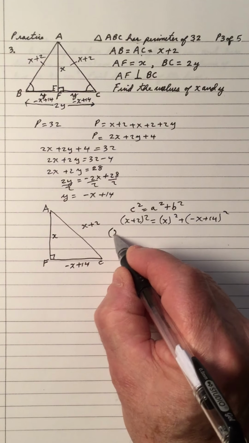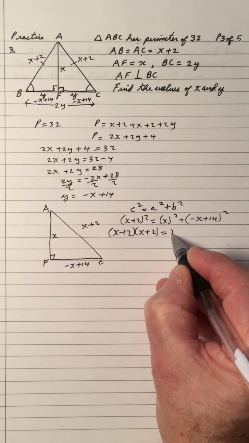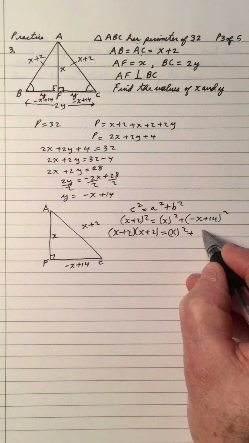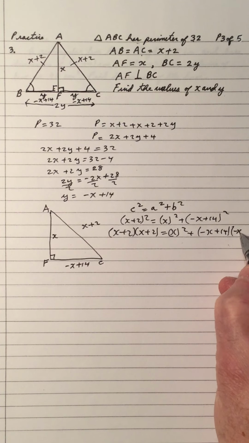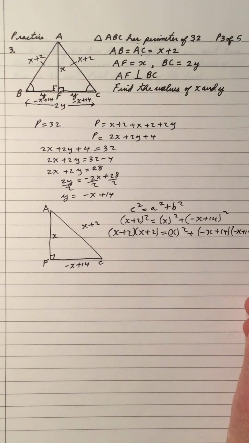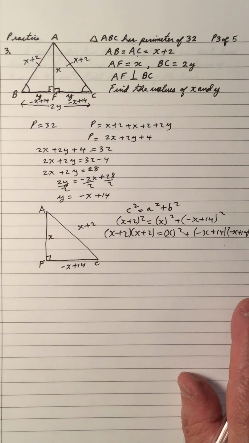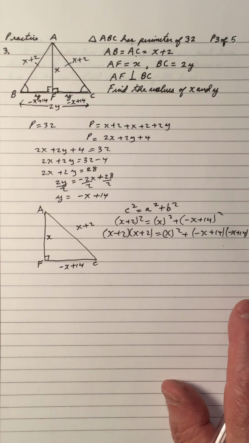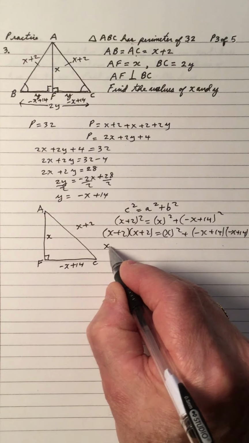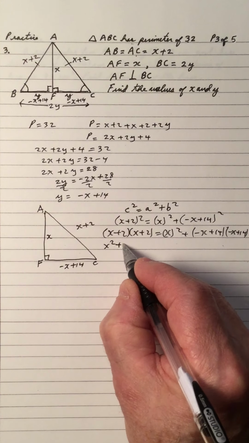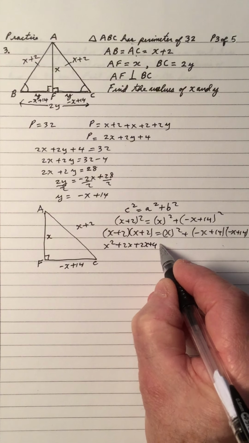And we take our time, and we use the FOIL. We write it down twice so we won't make an error. So x times x is x squared, x times 2 is 2x, 2 times x is 2x, 2 times 2 is 4.